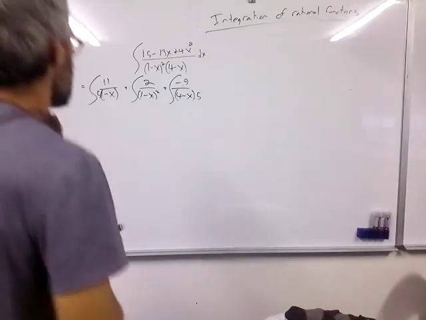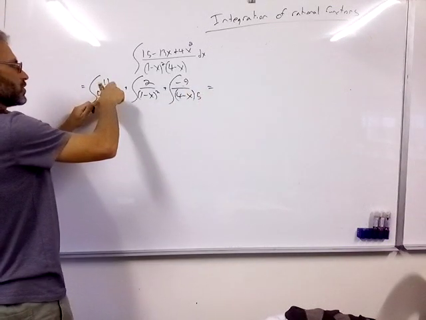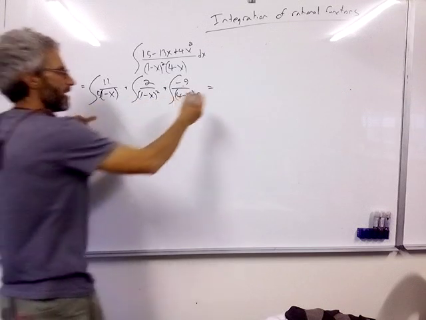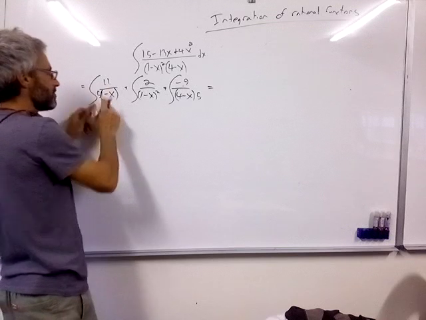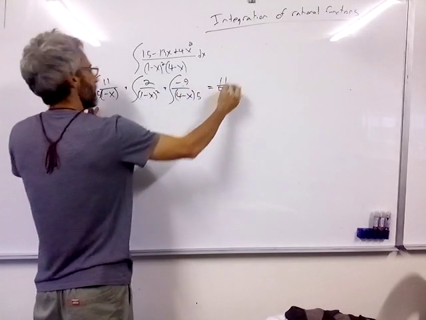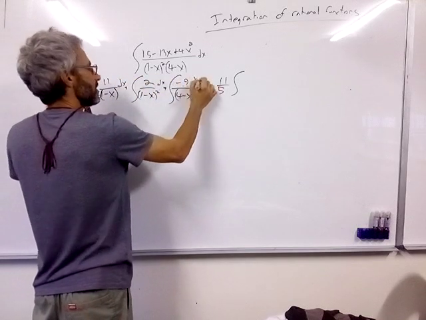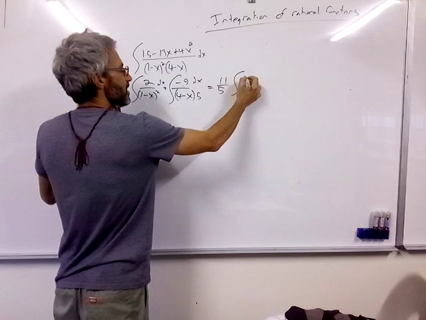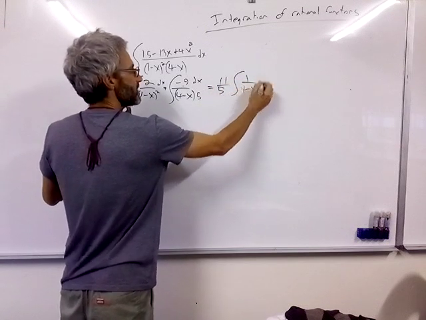So the next stop, as I just told you in the other exercise, I've got a bunch of constants times some kind of fraction with x, and as I told you before, it's much easier to get them out. So this integral can be 11 divided by 5 times, obviously I should have all the dx's here, 1 divided by 1 minus x dx.